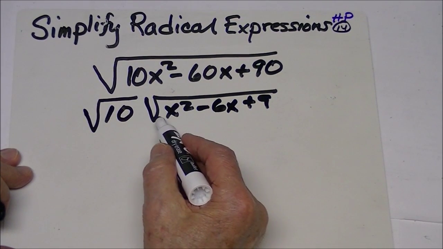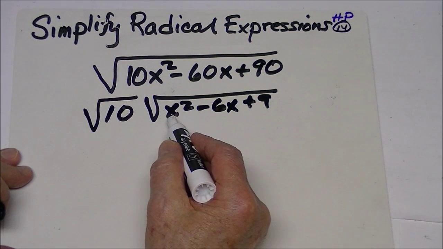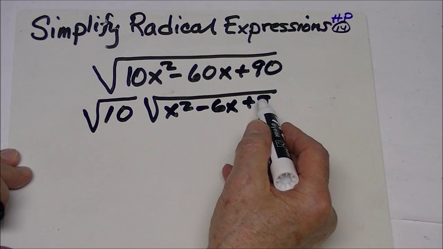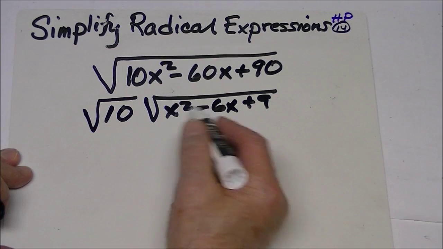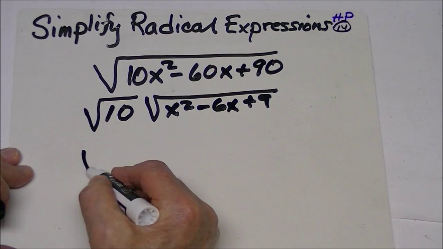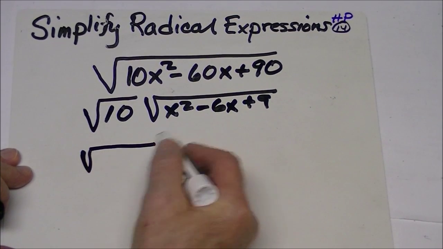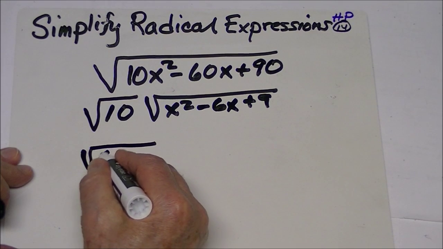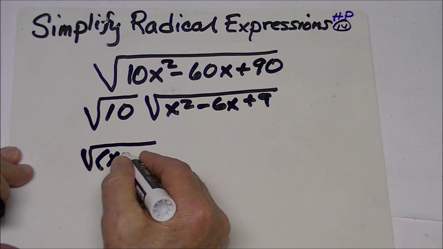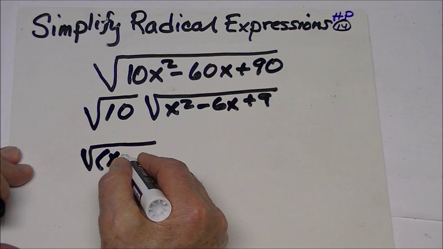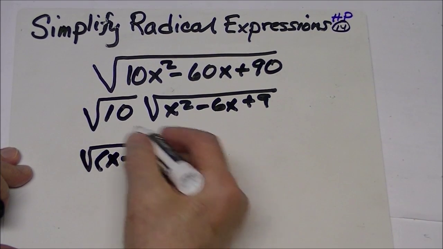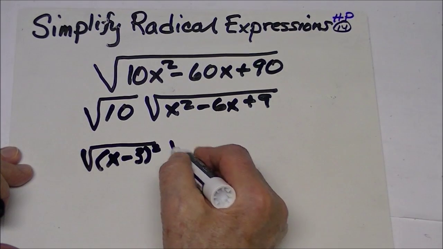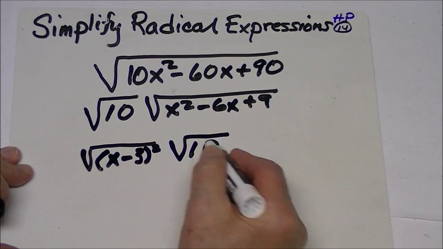And if you recall, this is the perfect square trinomial that will factor into the square root of, in parentheses, x minus 3, the quantity squared, and then just bring this over here to this side, square root of 10.